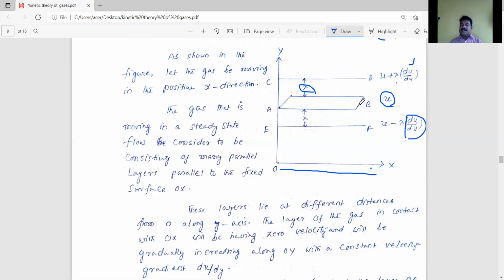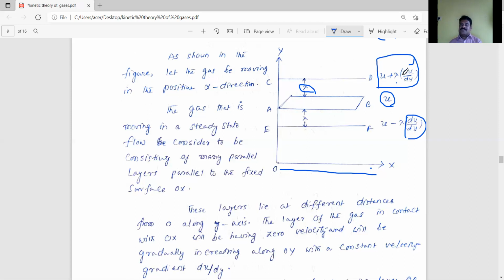Now the next layer above can have more velocity when compared to the lower layer, that is AB. That is why the velocity of the CD layer will be more when compared to the velocity of the AB layer, so that it can be written as u plus lambda du by dy.